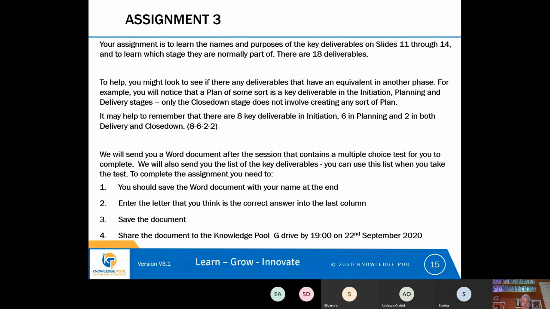It's very fundamental knowledge, so there's no harm in learning it as a piece of rote learning now, using the list of deliverables from the YouTube video. As I say, the YouTube video should be up there tomorrow. Probably I'll commit to getting it up there for midday tomorrow. So you've got until 7 p.m. on the 22nd of September to undertake that assignment.